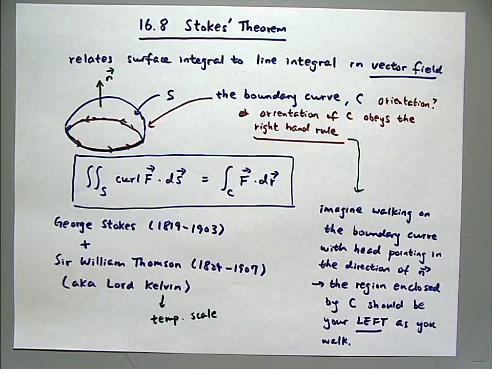And this means that when we integrate that thing all over the surface, you can physically interpret that as an accumulation of tiny little vortices all over that surface.